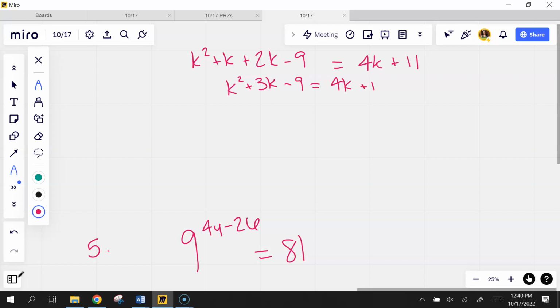How do I solve a quadratic like that? Make it equal 0 and try to factor. Move the 4k and the 11, so k squared minus k minus 20.